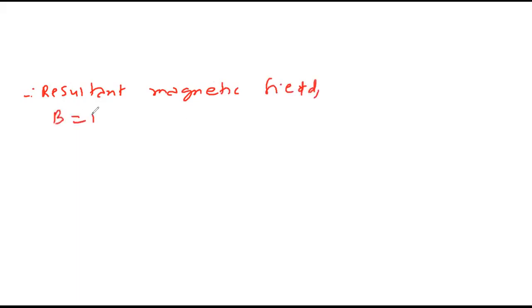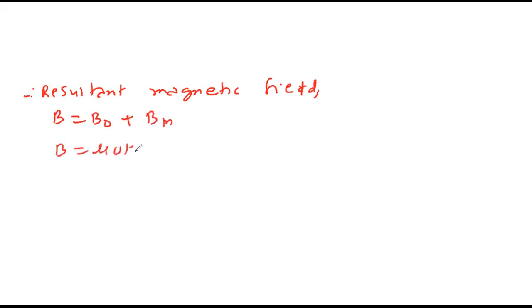Therefore resultant magnetic field, comma B equals to B naught plus Bm.